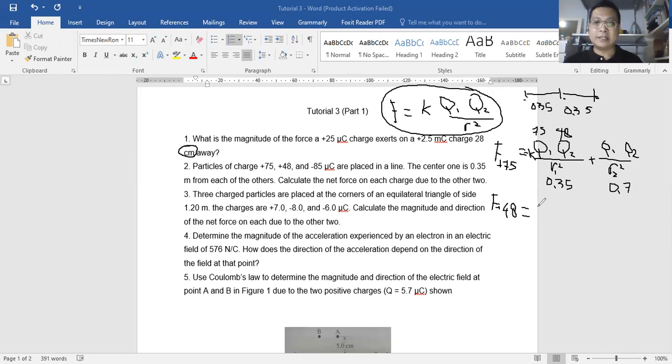So now we change to 48, and then the second one turns to 75.